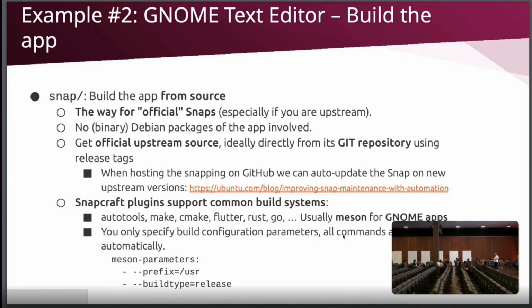Whenever possible, do not use release tarballs, but download from Git, because I will later give you a link to the workshop about how to do automatic updates. This workshop I gave some days ago at the Ubuntu Summit of this year.